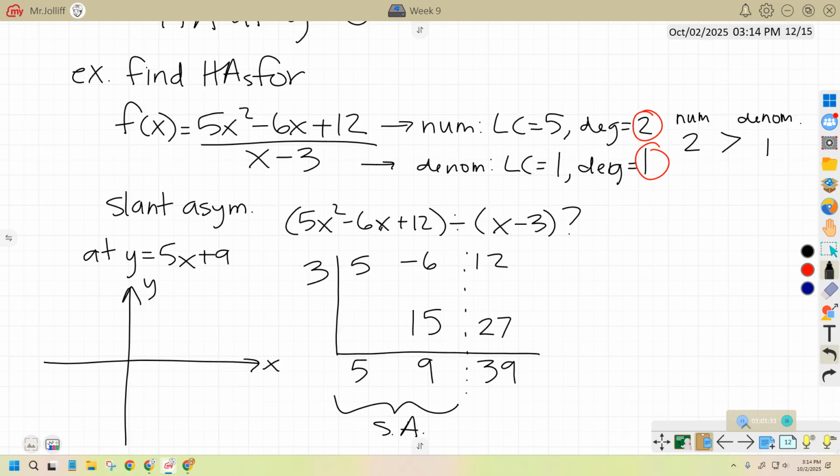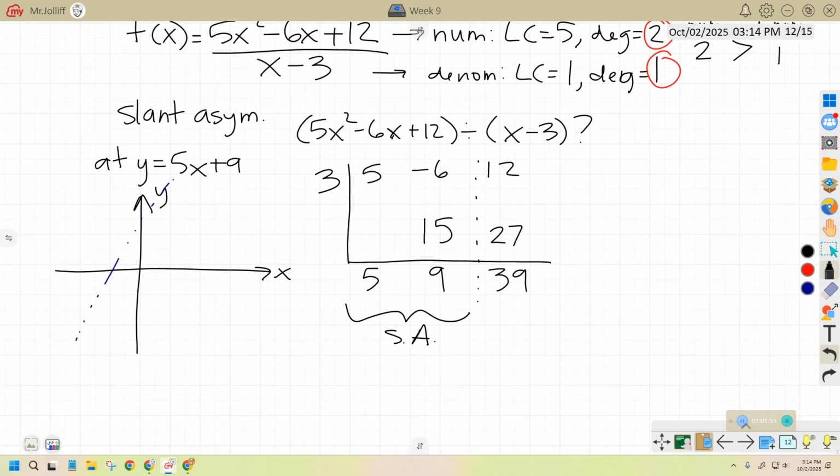Oh, I was so close, but it's down at the bottom. So this is up here. 5x plus 9 is steep. It's crossing at positive 9. And when I look at that graph, it's kind of steep but rounded, and then it flattens out on this side.